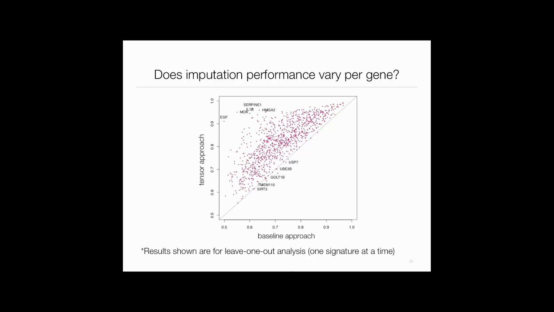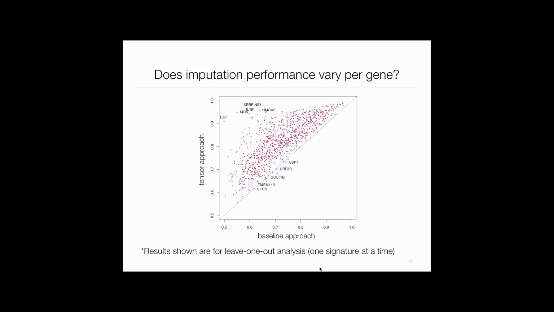And so an area under the curve greater than 0.5 means basically better than random, and the maximum value is 1. And so the diagonal line would correspond to the tensor approach having the same performance as the baseline approach, and above the diagonal means that the tensor approach is doing better than the baseline.